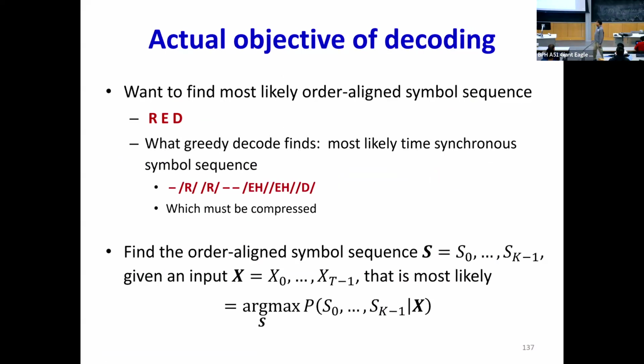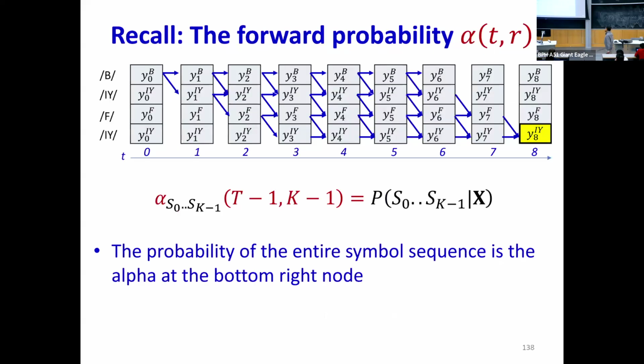And so how can we do that? We want to find the compressed symbol sequence that has the highest probability given the input, which means I want to sum the total probabilities of all alignments of the symbol sequence to the input, and then pick the symbol sequence for which this total probability was highest, right? And what was the total probability of all alignments?